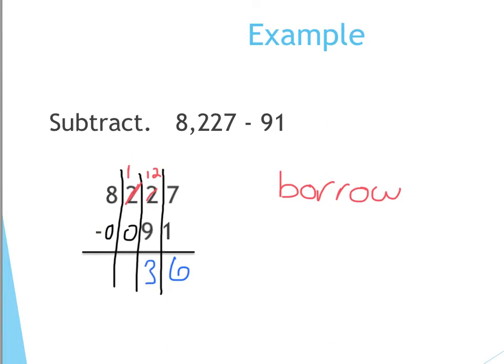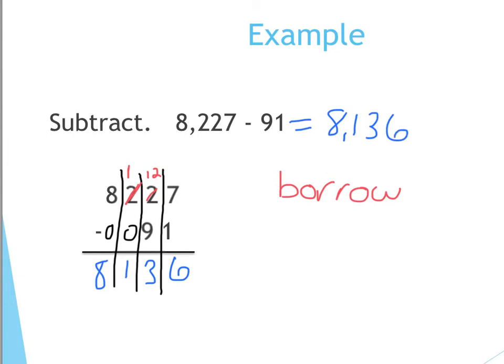And you can borrow as many times as you need to, depending upon the problem. The next column is 1 minus 0, which is 1, and 8 minus 0, which is 8. So our answer to 8,227 minus 91 is 8,136.